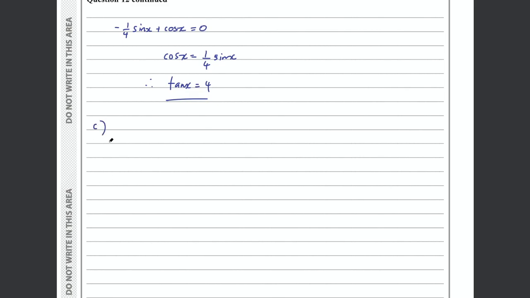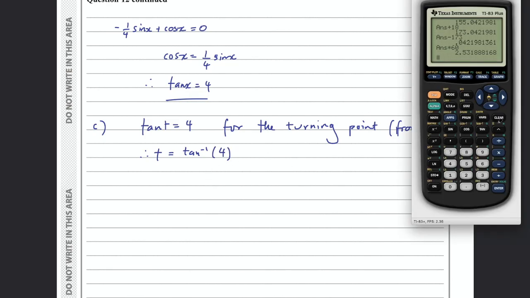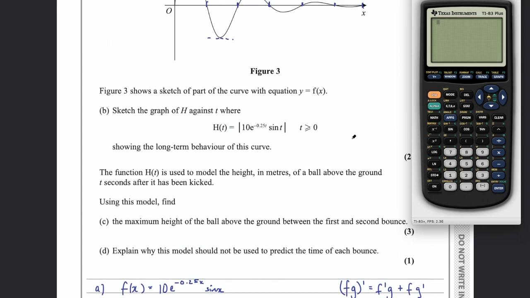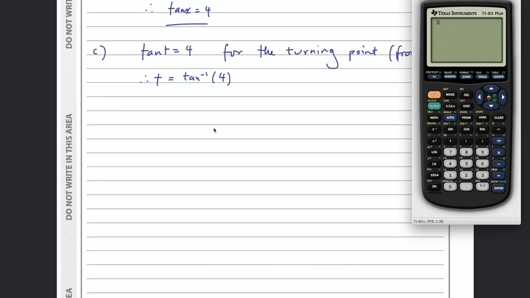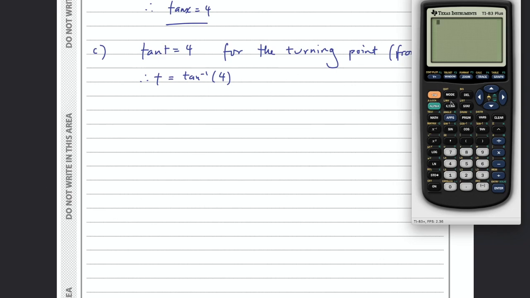So for part C, we can say that tan of t equal to 4 for the turning points, from part A, and therefore t is going to be the inverse tan of 4. So let's get some values for t now, and we're talking about radians, or actually I don't know if it matters whether you use degrees or radians here because you're looking for h of t, so I think it doesn't matter, but let's use radians anyway.